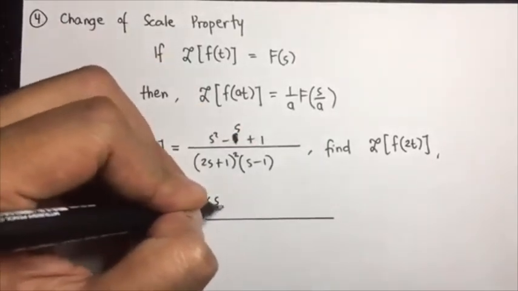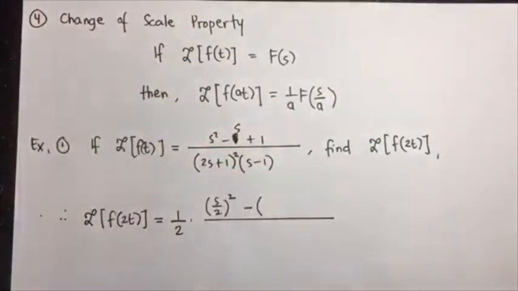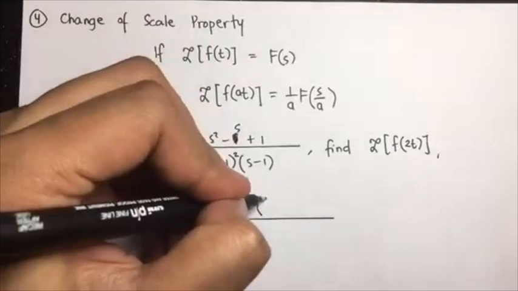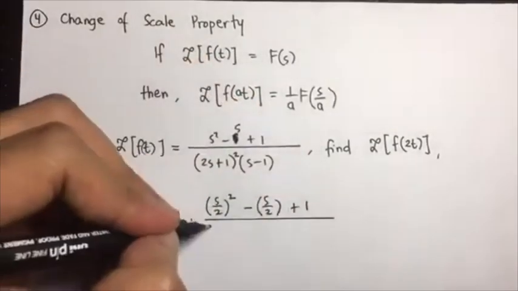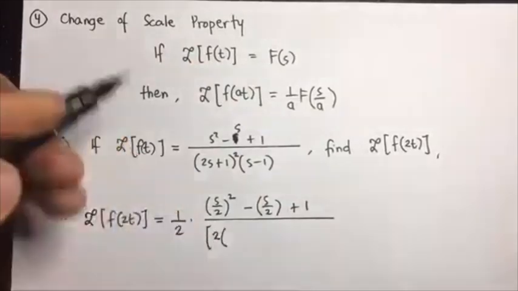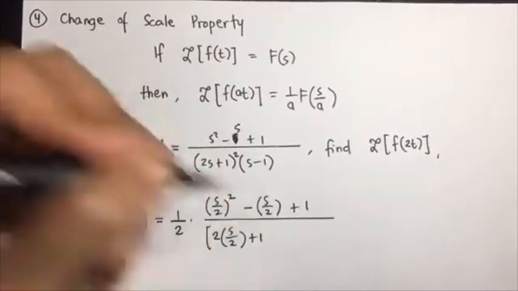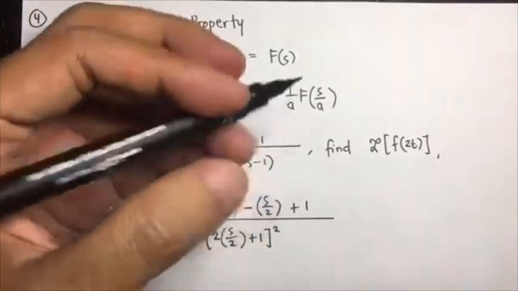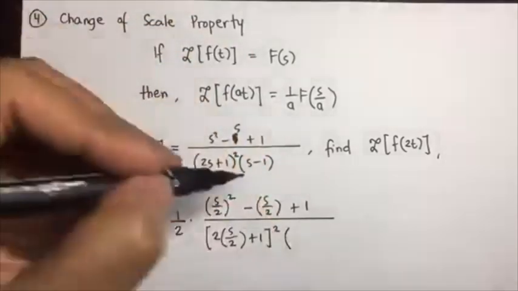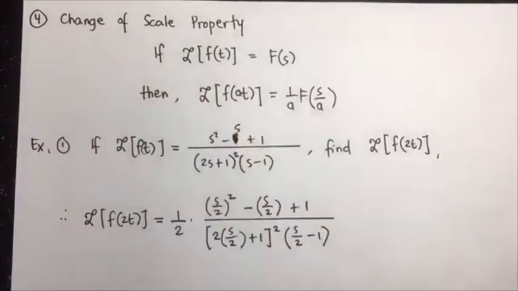So this will become s over 2 squared minus s over 2 plus 1, over 2 times s over 2 plus 1, squared, and then multiplied with s over 2 minus 1.